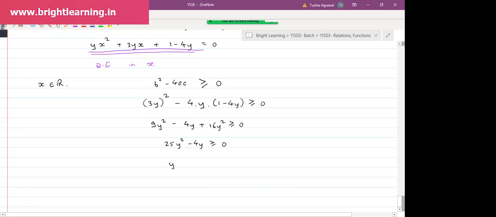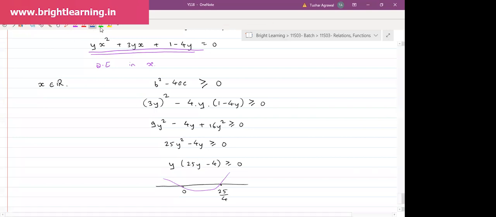So it is y into 25y minus 4 greater than or equal to 0. One root is 0, another root is 4 upon 25. The graph becomes this way. I want this multiplication to be positive, so the interval is either this or this.